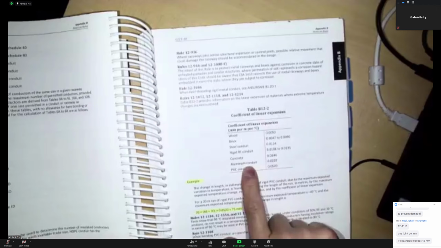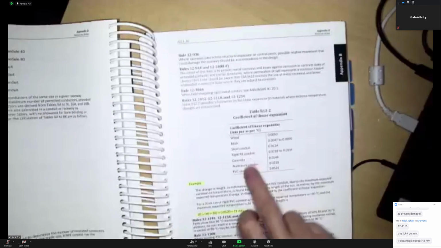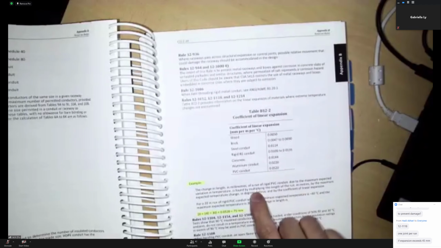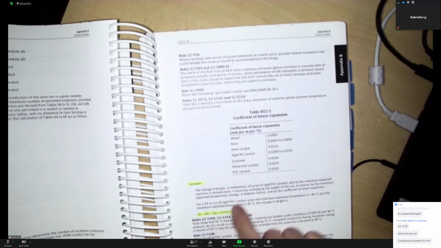This is a linear expansion, but the volume expansion is almost the same, right? So you have to figure out how long the material is, what the temperature difference is, and what the expansion rate is. That's how you leave room for it to expand.